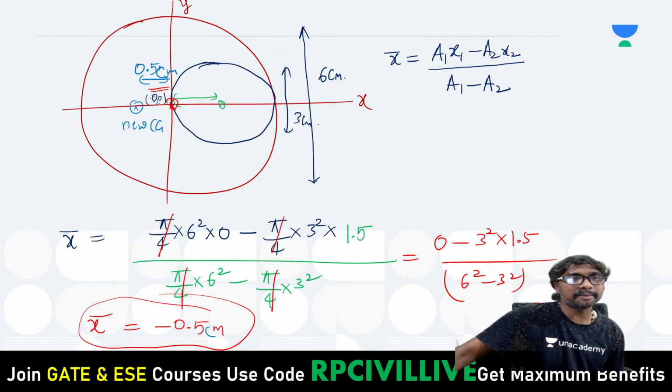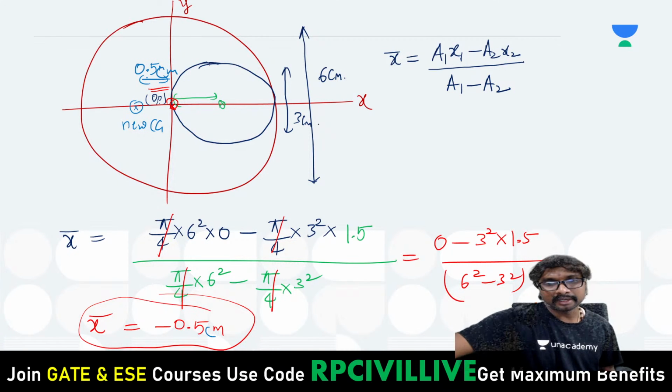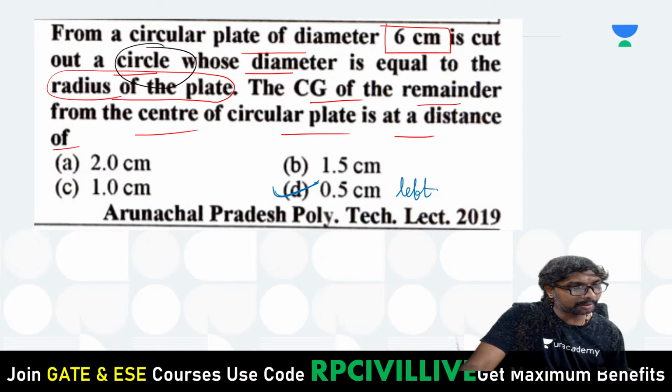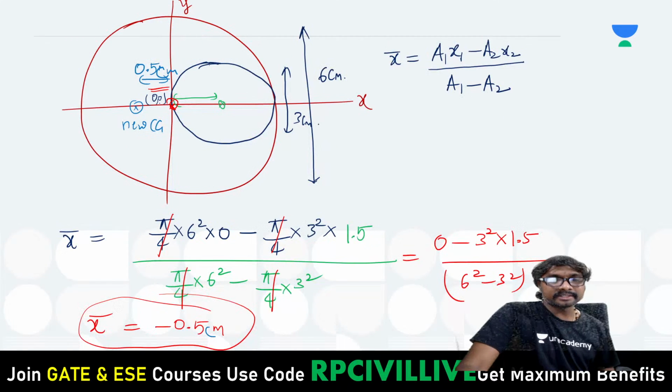Centimeter. 0.5 centimeter left of the original one. Is that clear? Which option is correct? 0.5 centimeter left. Is that clear everyone now?